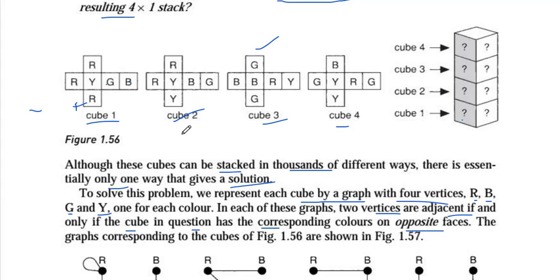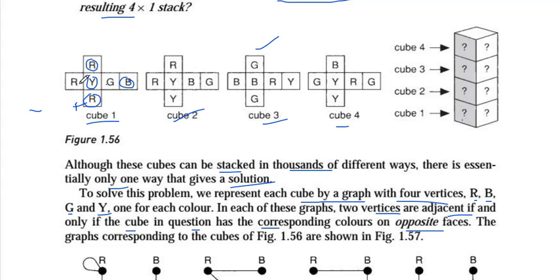Opposite face means, here in cube 1, what is opposite to the yellow? It's blue, because they appear as top and bottom. What is opposite to this red? This is the front and this is the back. So opposite to the red is red, so in the graph we have to represent that red and red are adjacent.